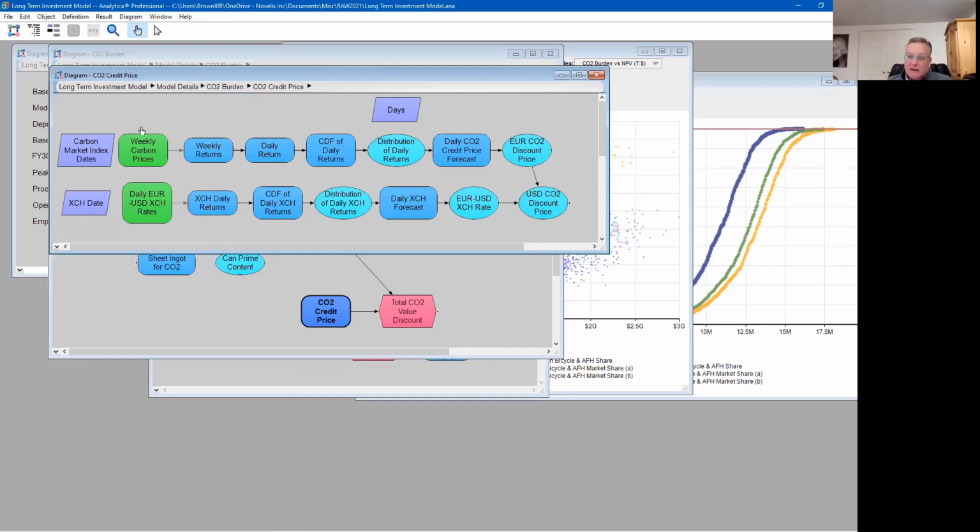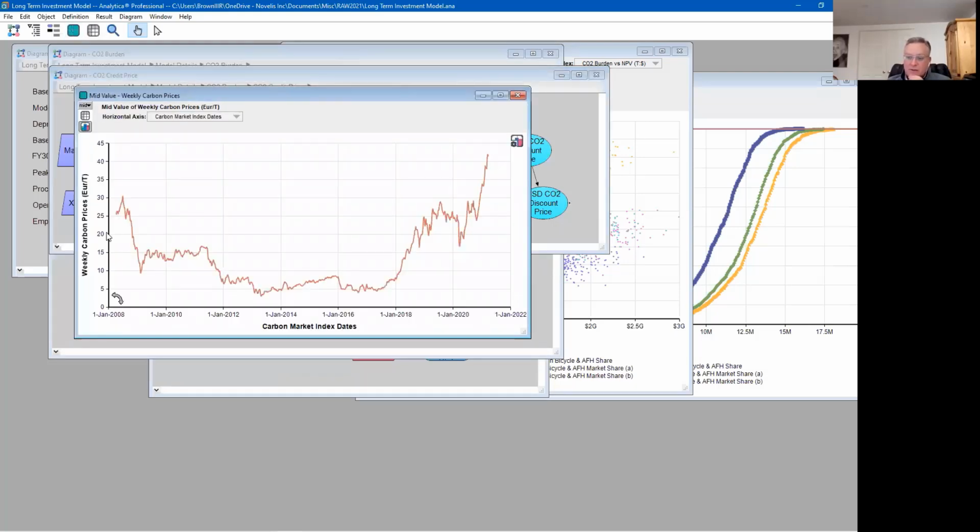So I went back in time and I looked at what those carbon prices might be over a very long history. And as you can see, going all the way back to 2008, this is what the European credit market looks like over time. Those credits became devalued in this time frame, but as of 2018, those credits began to accelerate again in value.